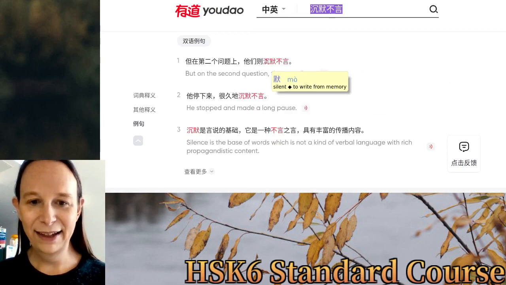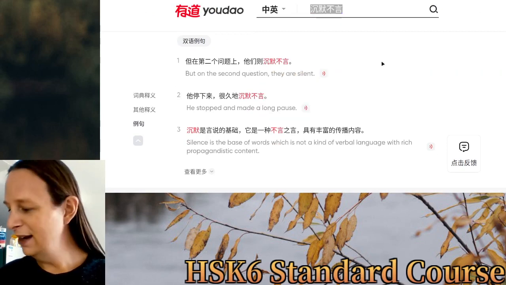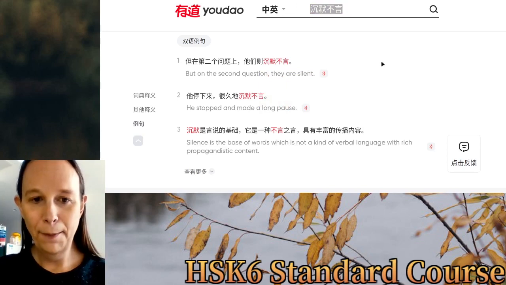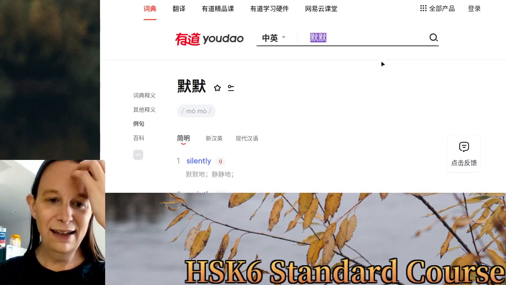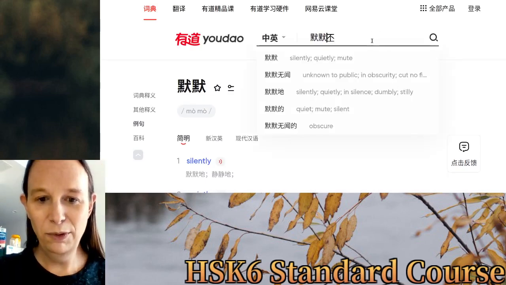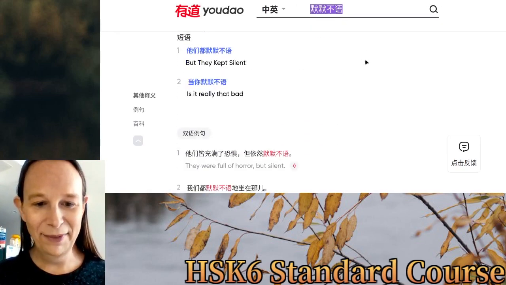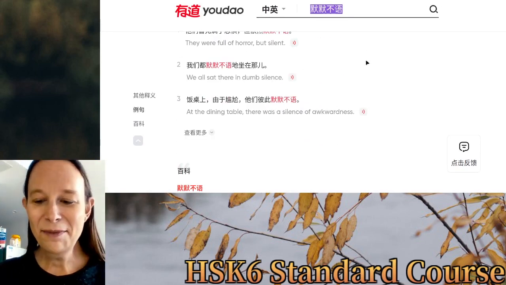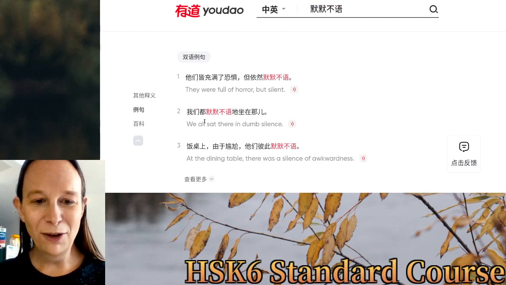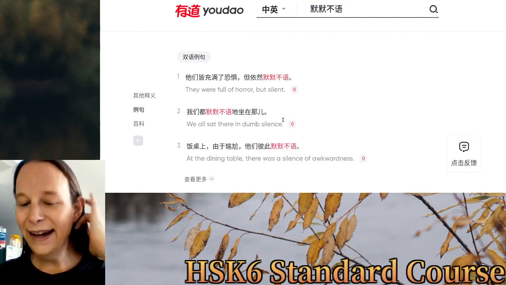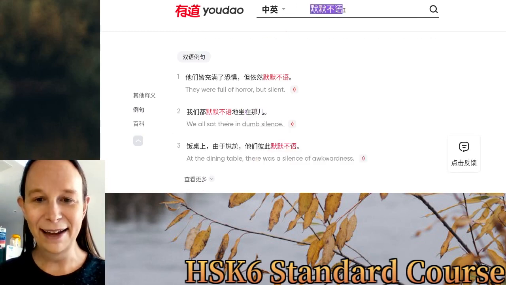I think it's the same thing. We're looking at 默默, it's the same 默, so we'll copy paste. Can you say 默默不语? I'm just guessing. I'm guessing you can. There you go. 我们都默默不语的坐在那儿. Yeah, so that's the same.